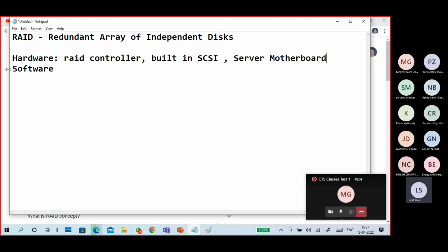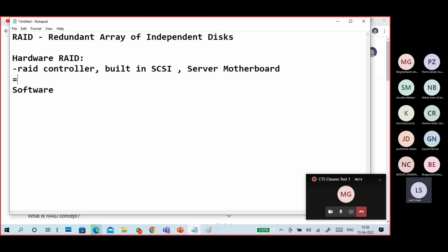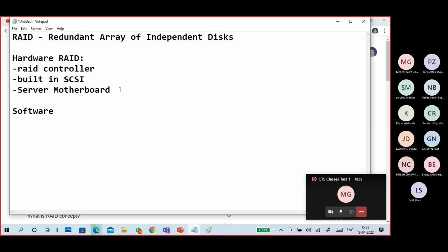So next one is software RAID. Hardware RAID is done by using a RAID controller, maybe a built-in feature of your SCSI or a RAID controller on the server motherboard. So it's a very simple hardware device.